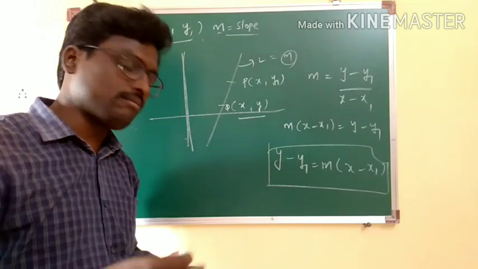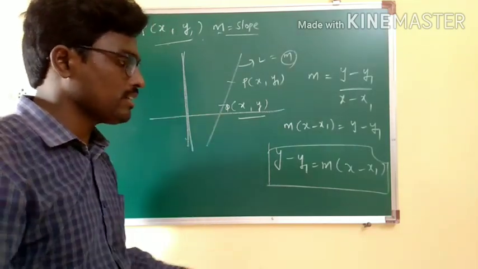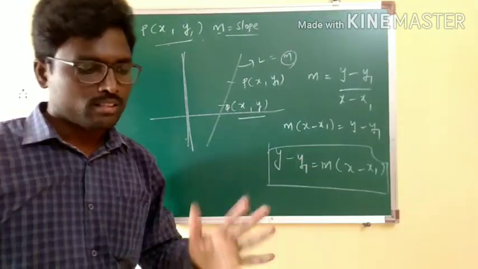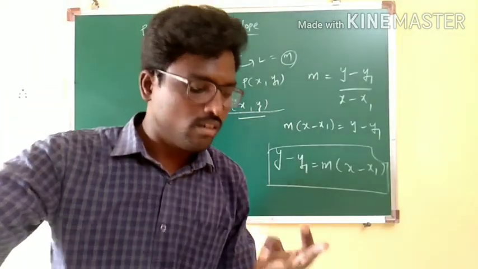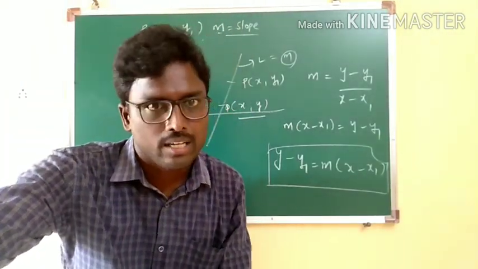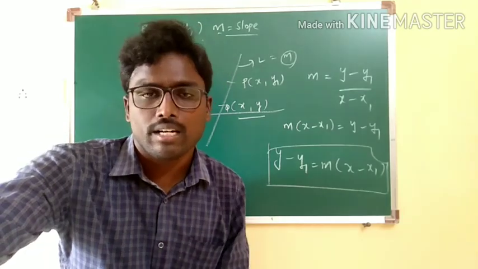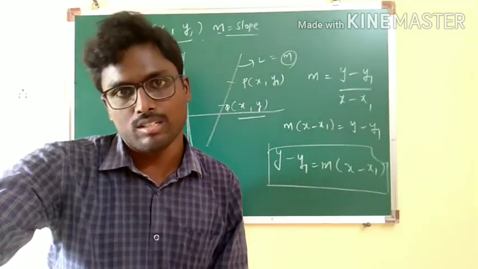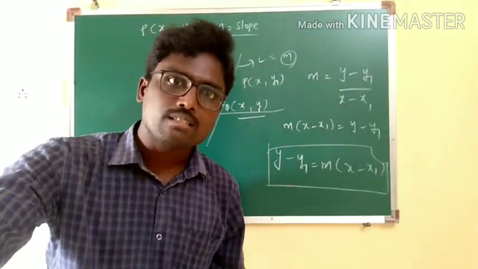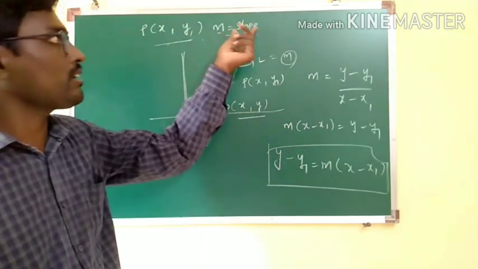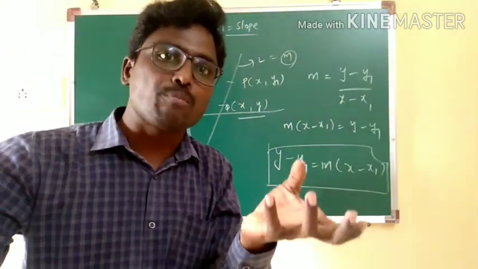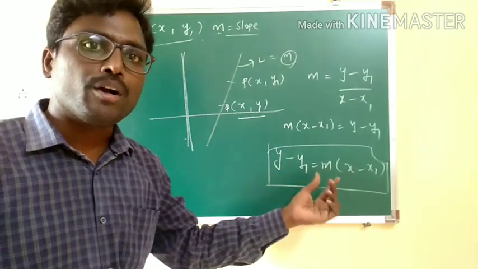It is a derivation of one particular result here. See, in the first case we did slope and y-intercept, then slope and x-intercept, then the line passing through the origin, and then the line passing through a point with given slope, the point and slope form. What do we call this? Point and slope form.